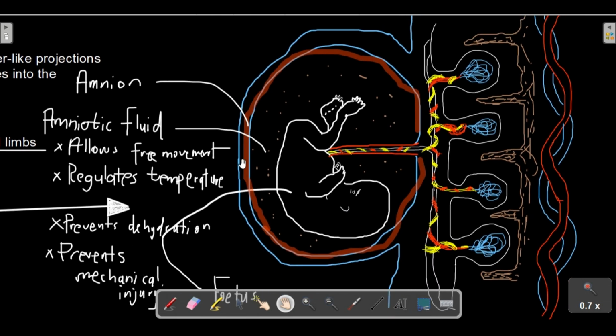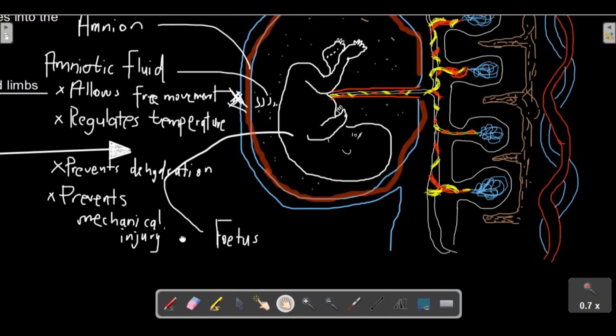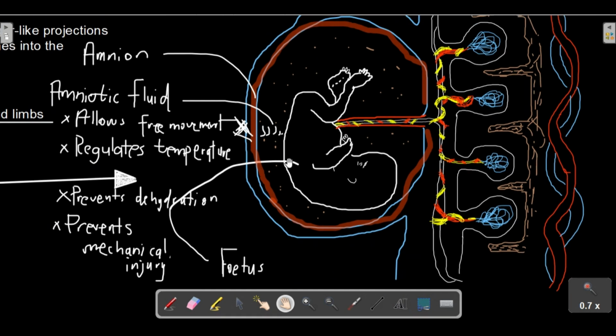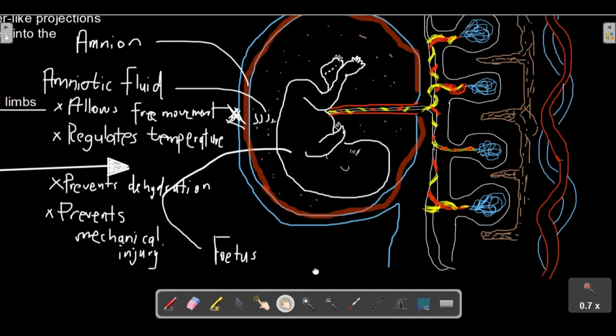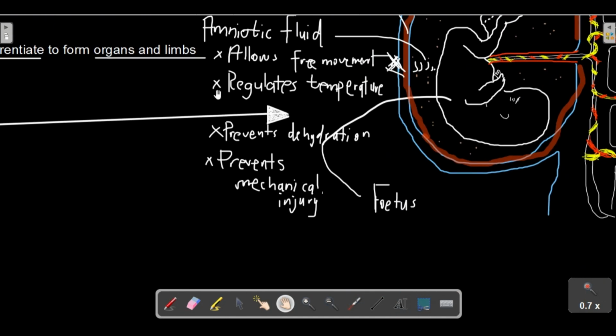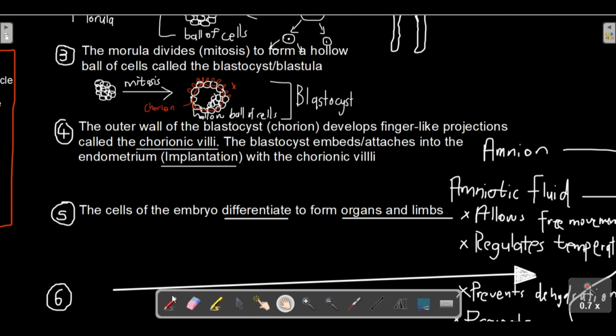So if the belly of the mother hits something, or gets struck by whatever force, this fluid inside absorbs that force so that it does not affect the developing fetus. So that's what we mean by preventing mechanical injury. The amniotic fluid absorbs the mechanical shock, and in that way it prevents the physical injury of the fetus.